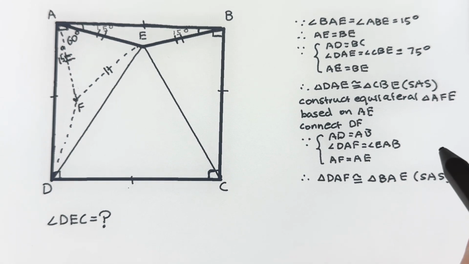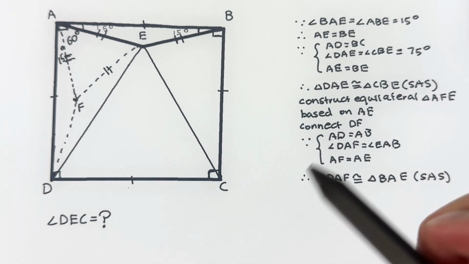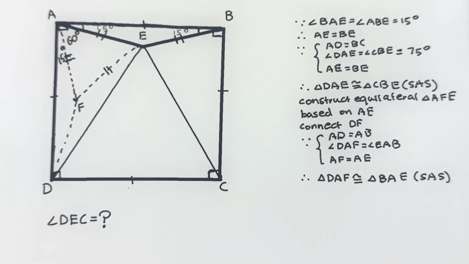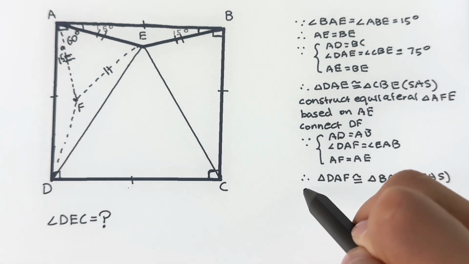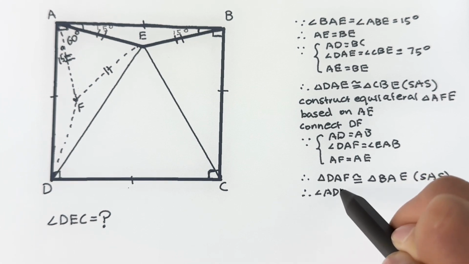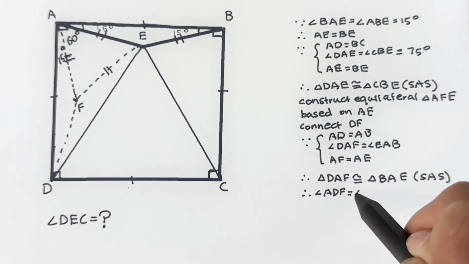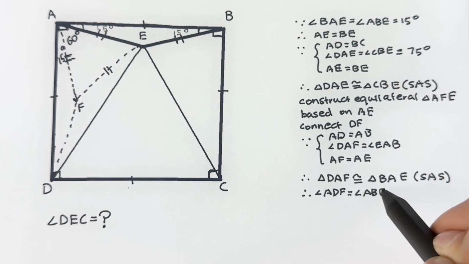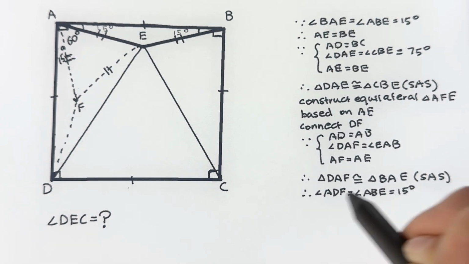And then this will get us that angle ADF equals angle ABE equals 15 degrees.